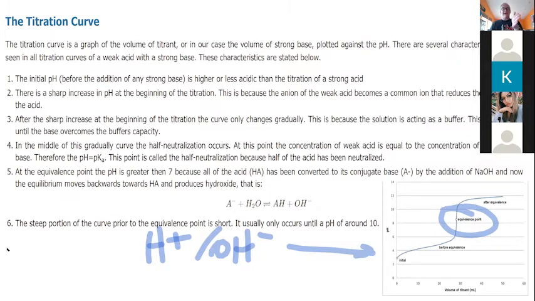So it changes color at a particular pH. And so depending on the titration, we use different indicators. Phenolphthalein is clear when the pH is less than around 9. And then it turns pink when it becomes basic, when the pH is greater than 9. And you can see here, our equivalence point with the weak acid is going to be around pH 9 or so.